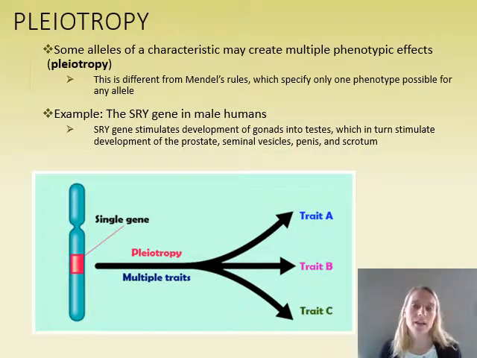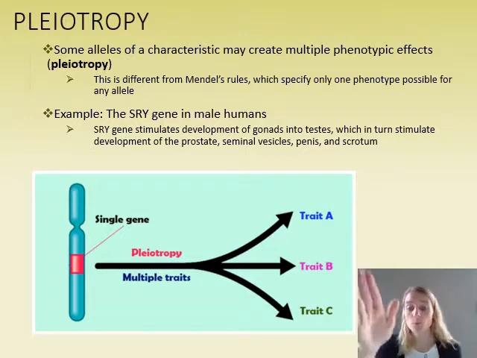All right, the next complex pattern is called pleiotropy. Pleiotropy is when you have one gene at one locus affecting multiple phenotypic outcomes. What Mendel saw was one gene coding for one trait: one gene coded for flower color, one gene coded for seed color, one gene coded for plant height. Well, pleiotropy could be one gene coding for multiple different traits.